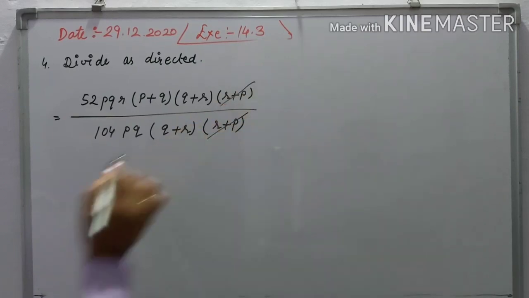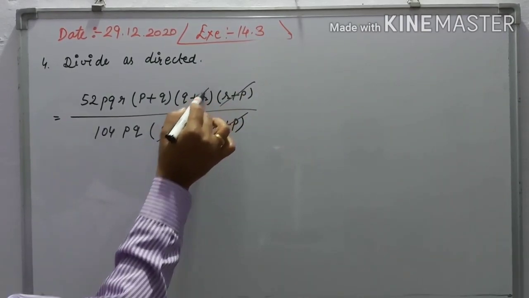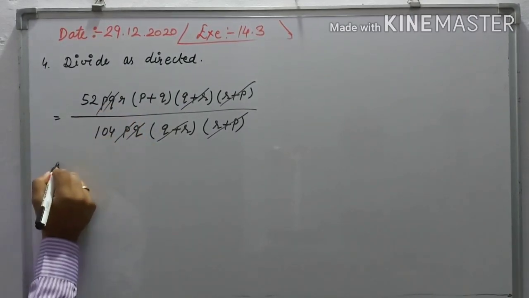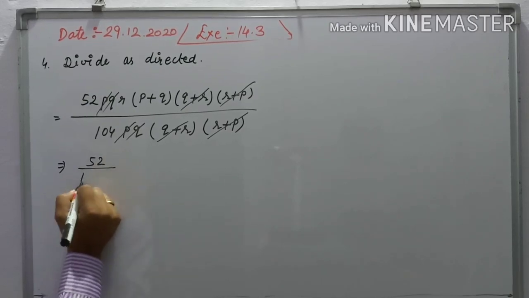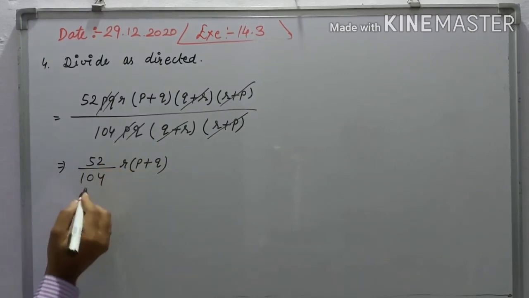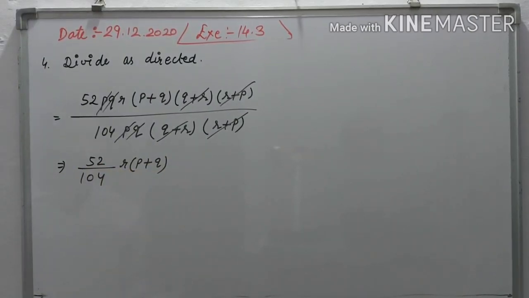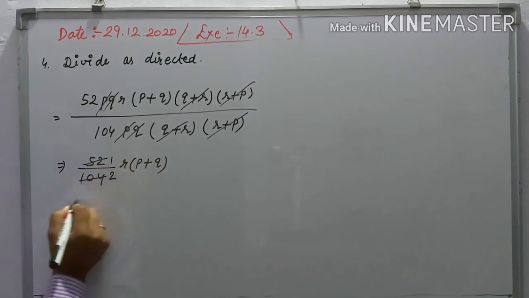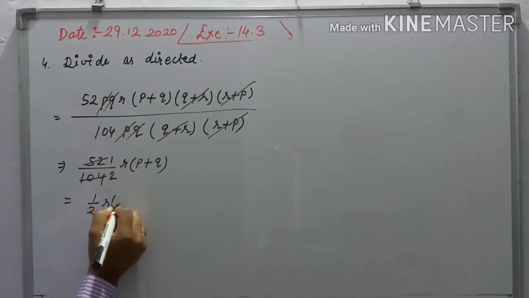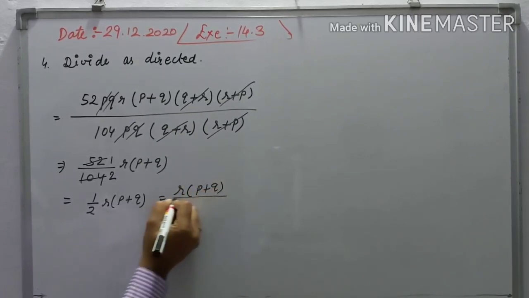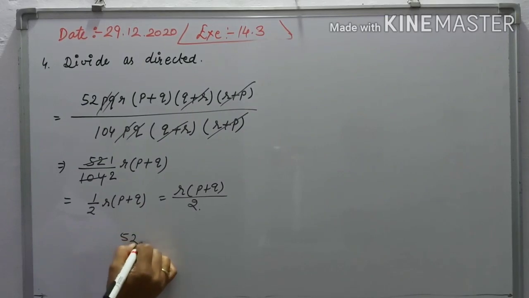So R plus P cancels, Q plus R cancels, PQ cancels, only remaining will be 52 upon 104 and R (P plus Q). Then we solve: 52 into 2 is 104, so it is 1 upon 2, that is R (P plus Q) upon 2.